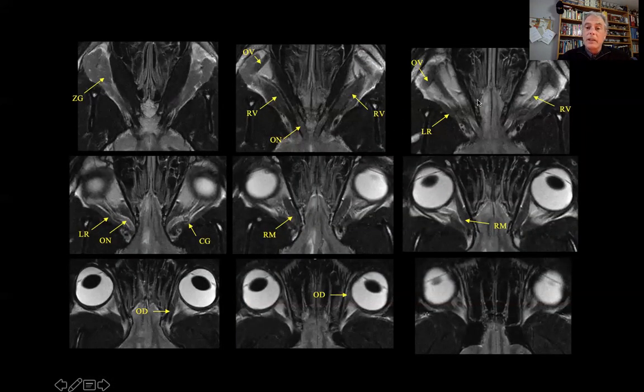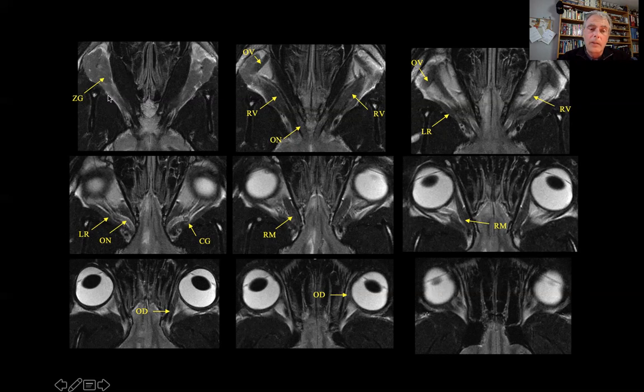These are dorsal images of the eyes on an MRI, just so you can identify some of these structures. As we are going from dorsal, all right, this is dorsal and this is ventral. Dorsal here and ventral here.